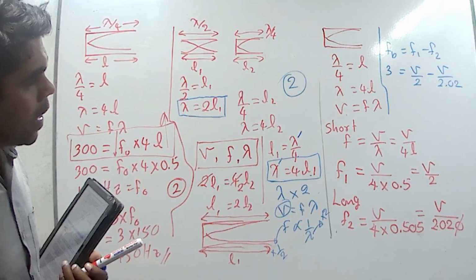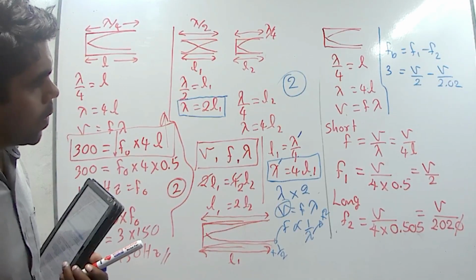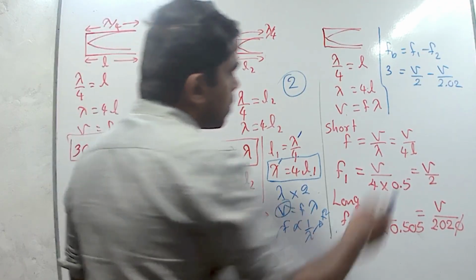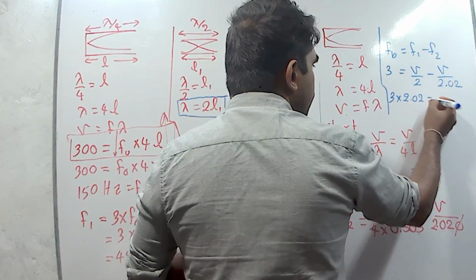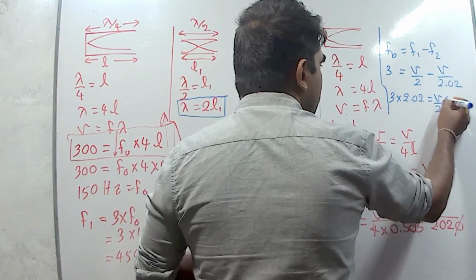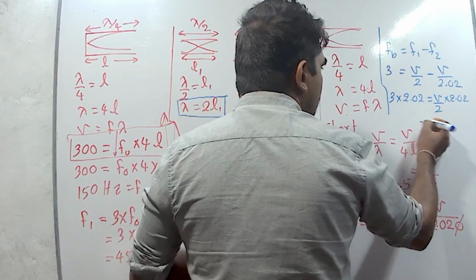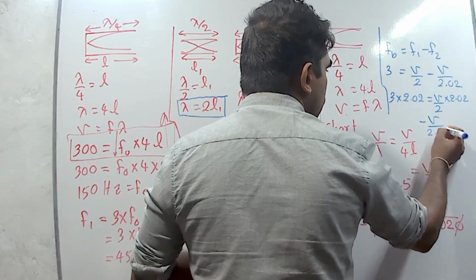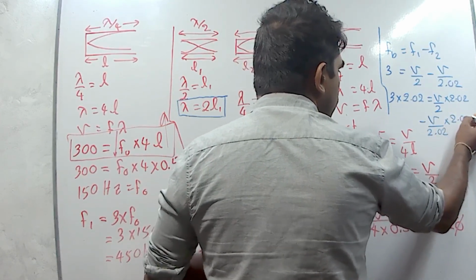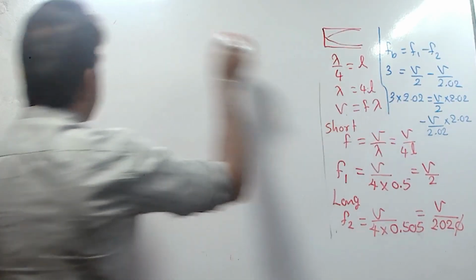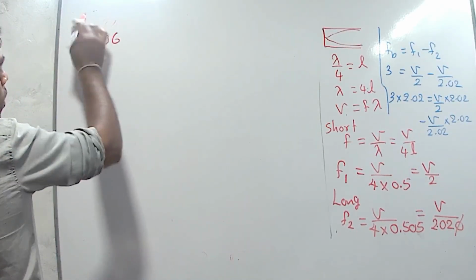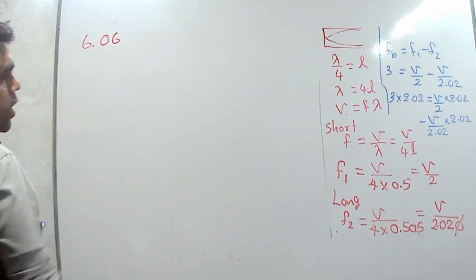I will multiply all terms by 2.02. V over 2 multiplied by 2.02 minus V over 2.02 multiplied by 2.02. Then I will simplify it. 3 into 2.02 is 6.06.